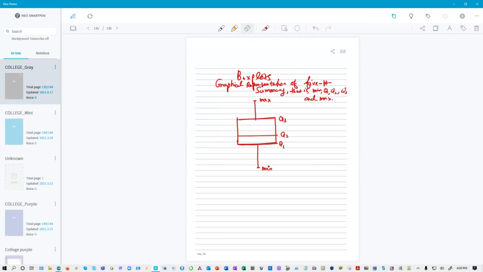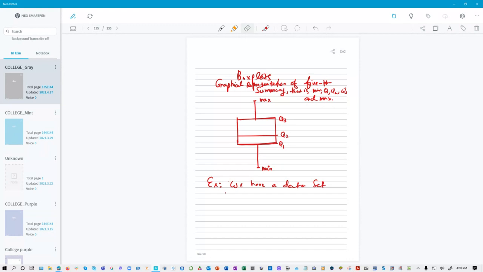Let's say for instance, if somebody wants to calculate how you get the Q1, Q2, Q3 quartiles, how do you calculate quartiles? Let me give an example. We have a data set, and I'm going to show you something.